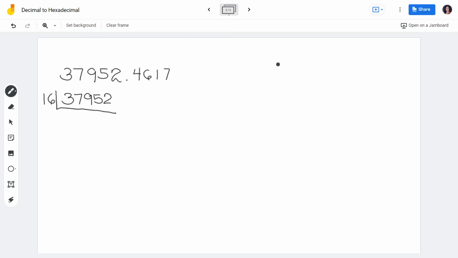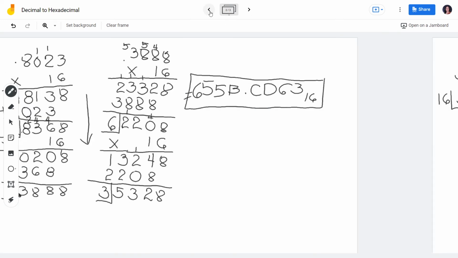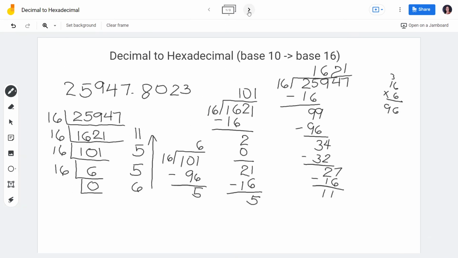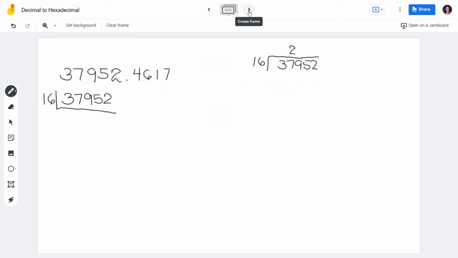So 37 divided by 16, of course, is 2. So we have 32. So 37 minus 32 is 5.